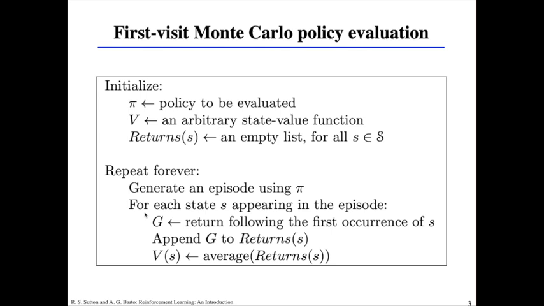So the simple version of the algorithm: we're given this policy, we initialize our value function to some initial thing, and we have an initial return.